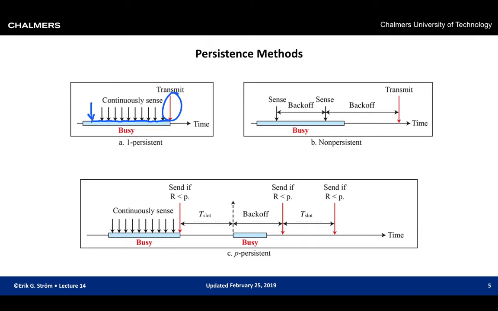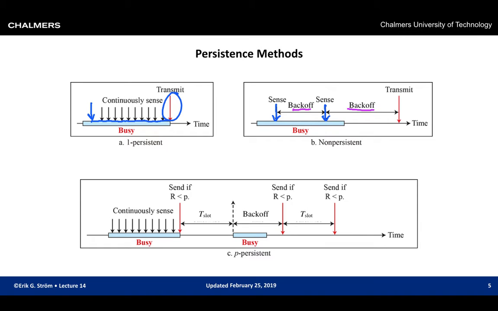The other method here, which is non-persistent, is that when we measure the channel at this point in time, we see, oh, it's busy. And then we wait a back-off time, which could be substantial. In this case, it happens to be a fairly short back-off time, so we repeat the sensing at this point in time. It's still busy, and then we wait another back-off time.